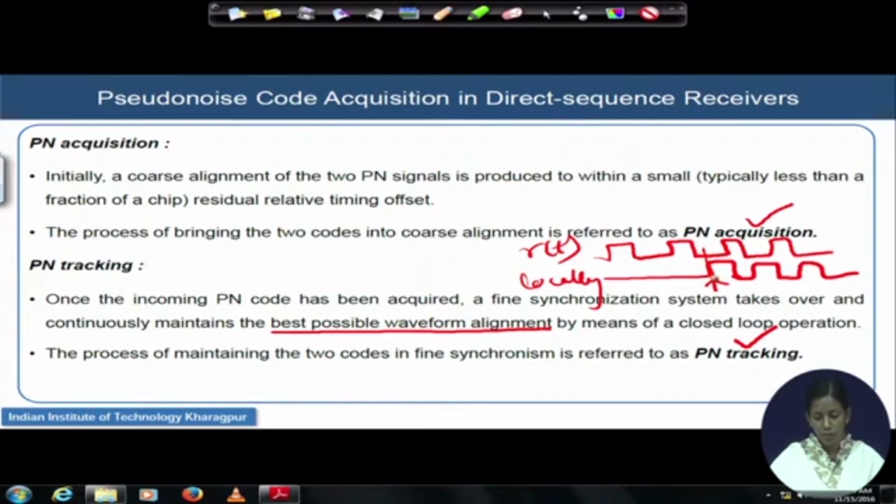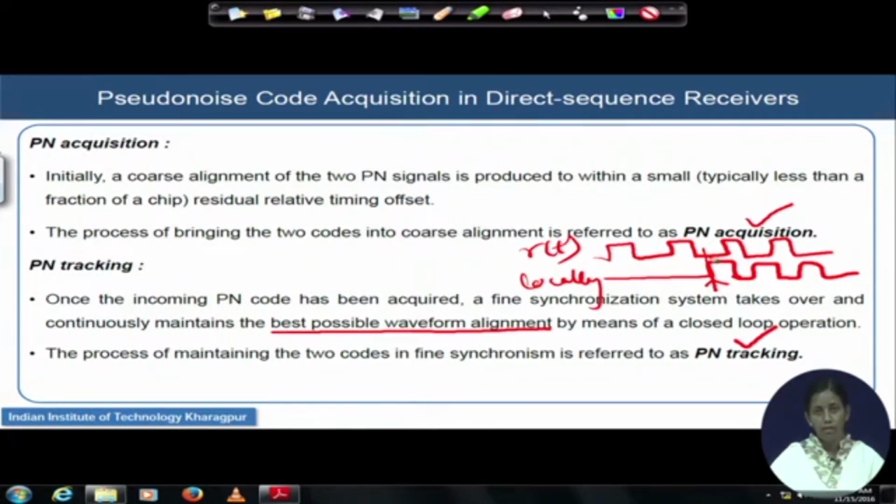By continuously observing, assessing and measuring the remaining offsets within the chip and correcting them, the local waveform is generated so as to correct its phase and align best possibly with the incoming signal. This is called tracking.